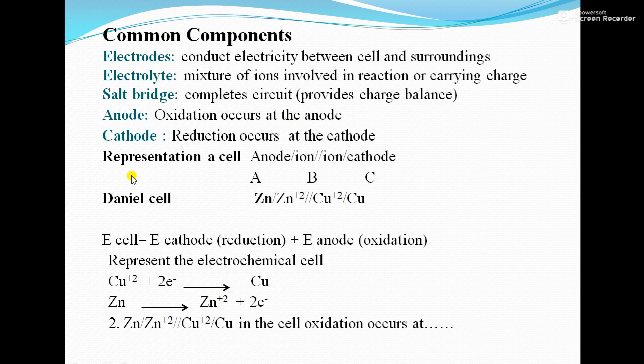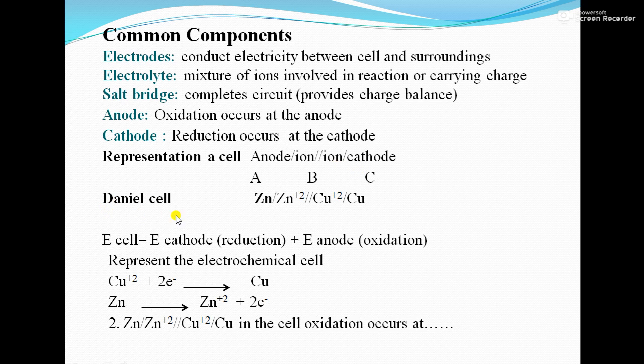Next is representation of cell. You can remember it as A for anode, B for salt bridge, C for cathode. Always you write first the anode metal or anode electrode, then anodic ion, then salt bridge, then cathodic ion, and then cathode.